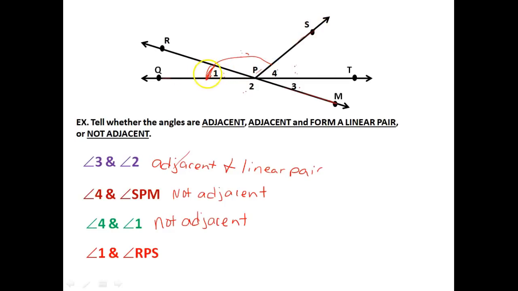So if you notice, these two angles, angle 1 and angle RPS, they are adjacent, right? They share that ray, PR, they share that side. So they are adjacent. But do they form a linear pair? No, they do not, because if I combine those two angles, they do not form a straight line. So they're just adjacent.